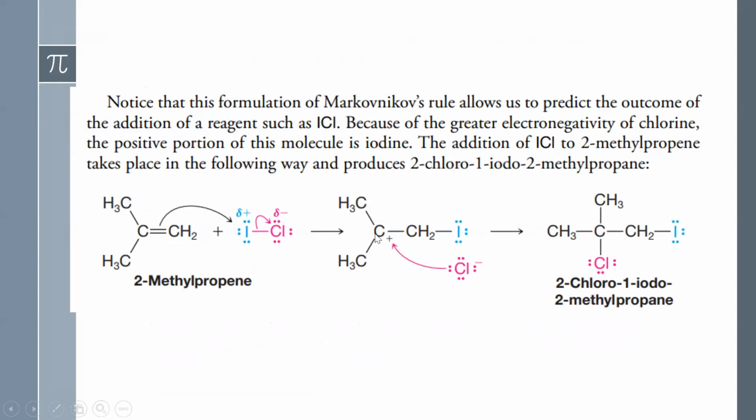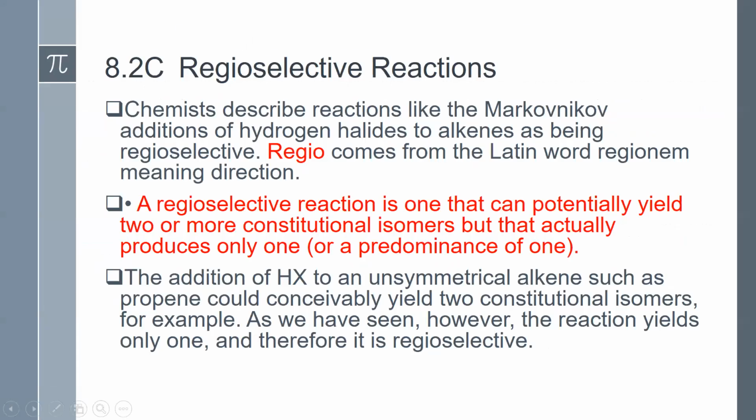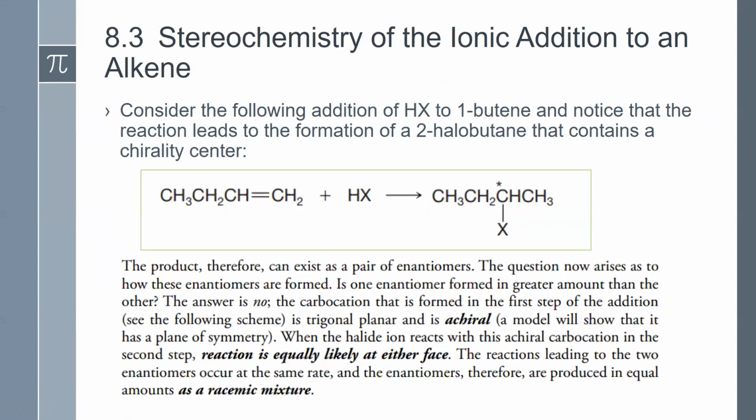This one is planar. Once you have your halide added to your carbocation, it can add on top of the carbocation or below it, because remember this is planar. So there are two ways your halide can add, above and below, and the probability of adding from either side is equal.